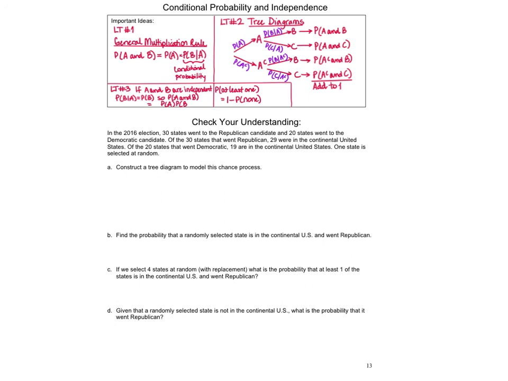And you'll need that rule for question C in the Check Your Understanding.